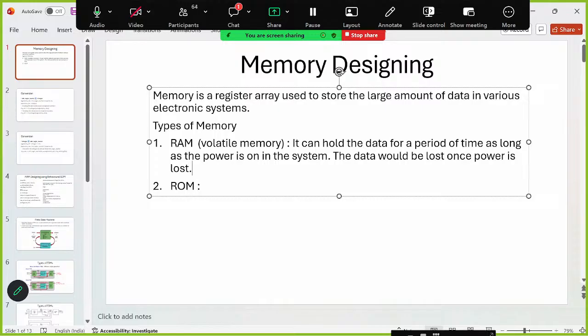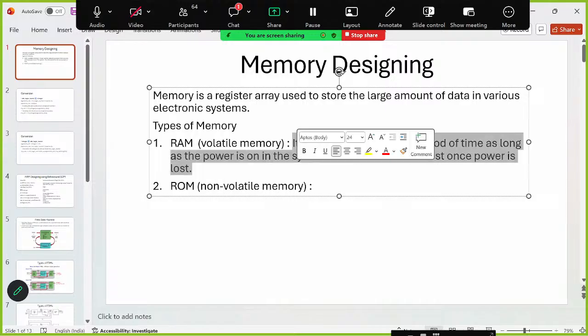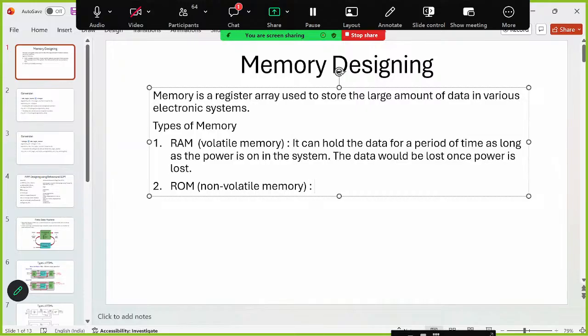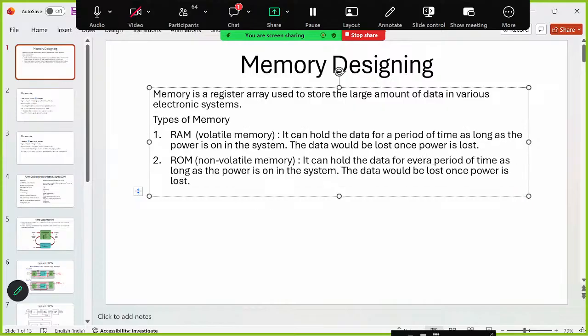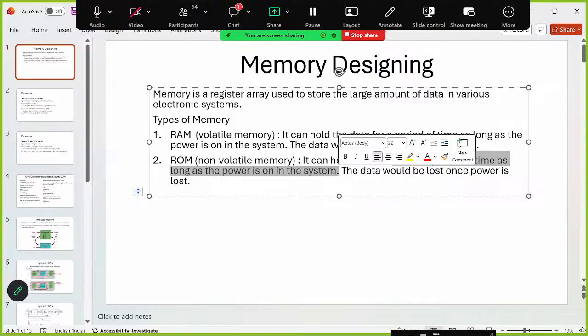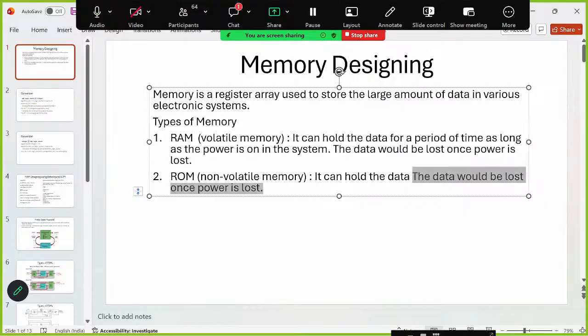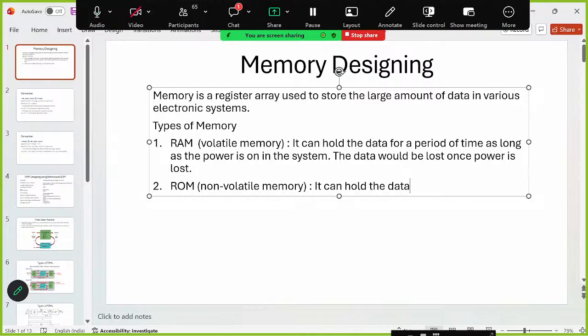as compared to that RAM, if we talk about ROM, the ROM is non-volatile memory. Means it can hold the data forever. Once written, it can hold the data forever. The data cannot be lost and does not depend upon the power.